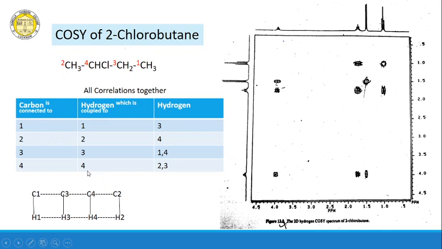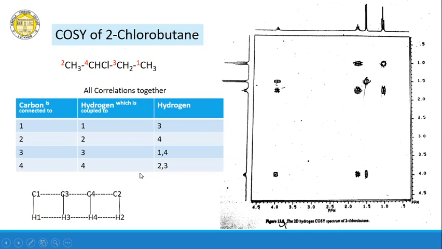Now let me look at the fourth signal. If I move horizontally, I see it is linked to two different things. The first cross peak is telling me that it is linked to the third proton, and the other cross peak is telling me that it is linked to the second proton. So these are the total number of correlations which I can get from this COSY.